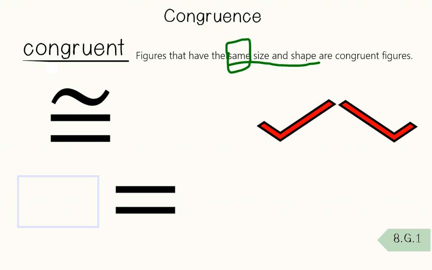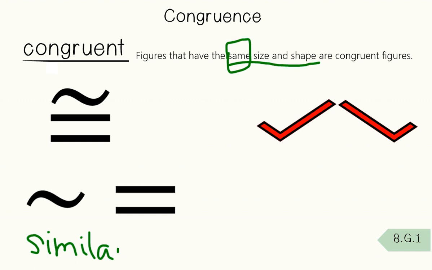So the equals part of our definition of congruent appears right here in the symbol. The second part of our symbol is this top part, this curvy line. And we will talk a lot more about that symbol in a later lesson.